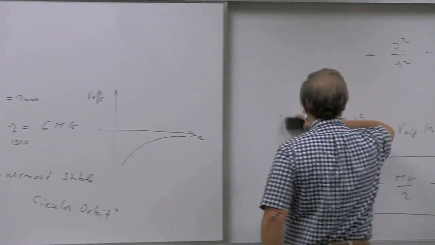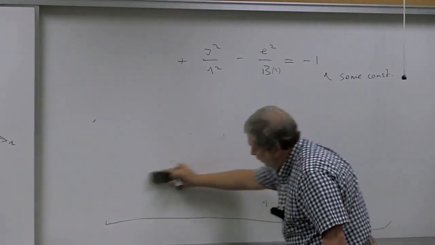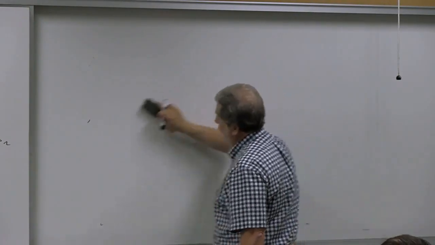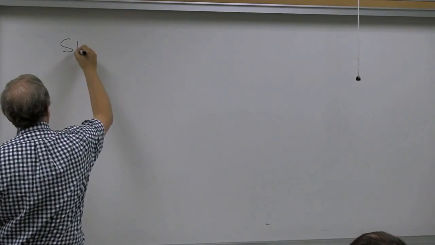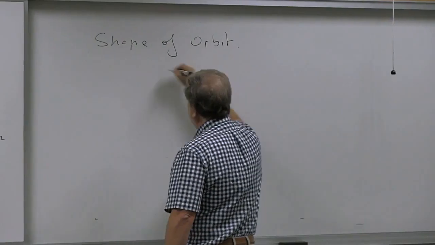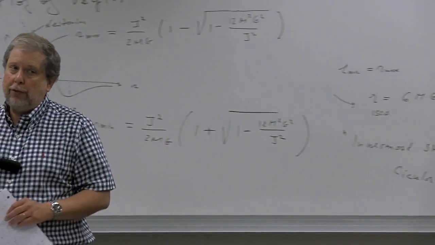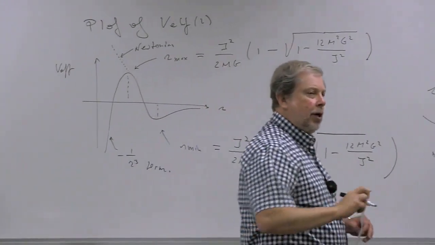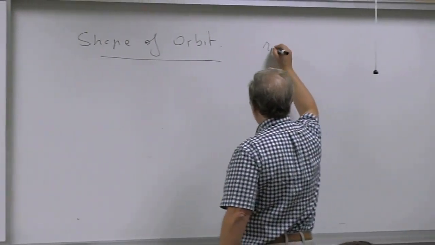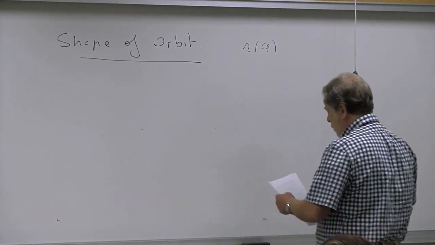The shape of the orbit is obtained in the same way that we do in classical mechanics. If we want to look at the shape of the orbit, then you don't want to have r as a function of t or tau, but you want to have the radial coordinate as a function of the angle, say, r as a function of phi, or vice versa, phi as a function of r.